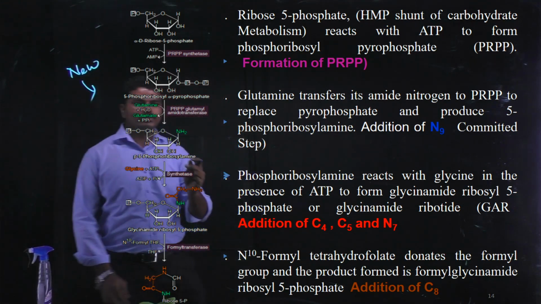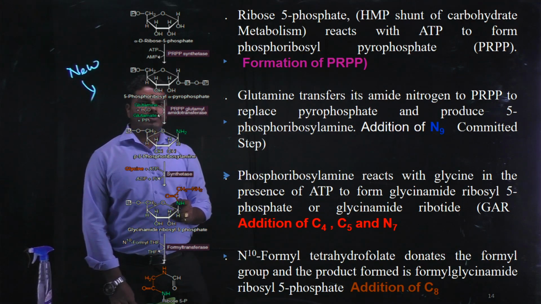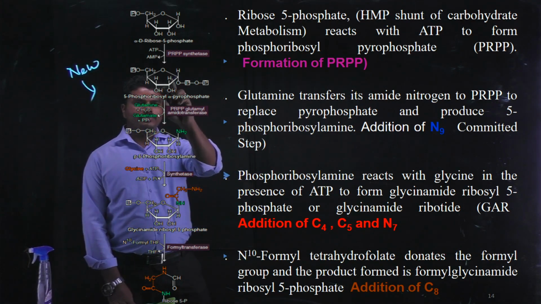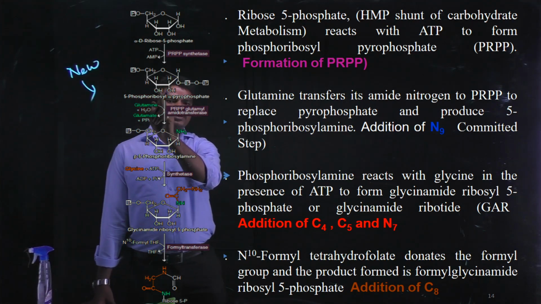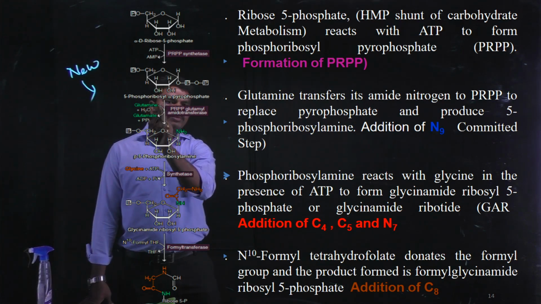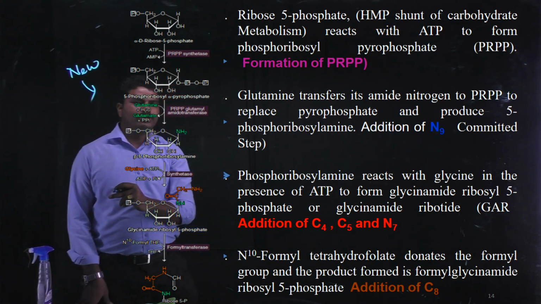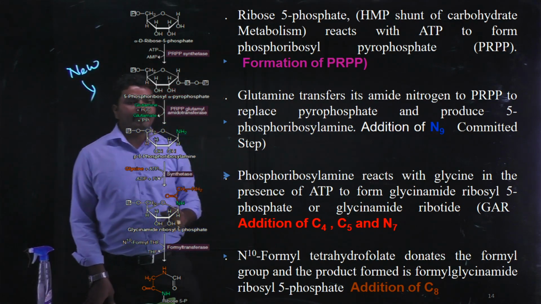So the pyrophosphate group is removed by the addition of amide nitrogen, and thereby the molecule is converted to 5-phosphoribosyl amine.